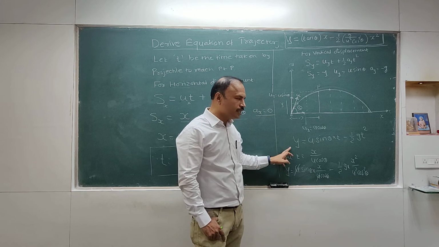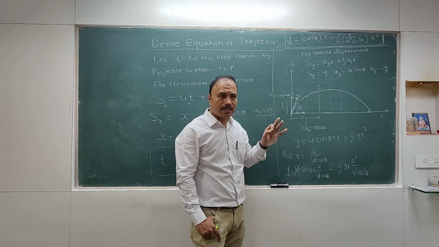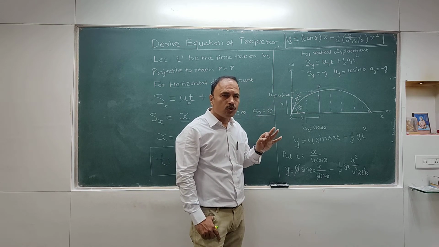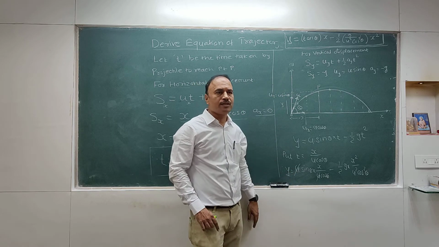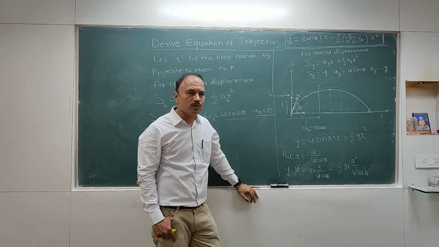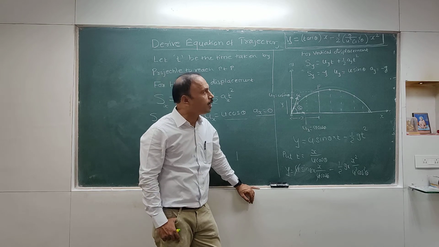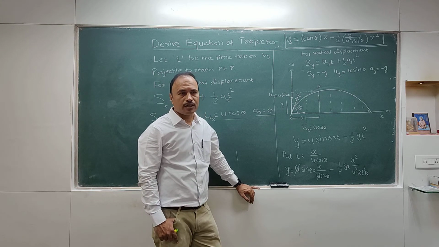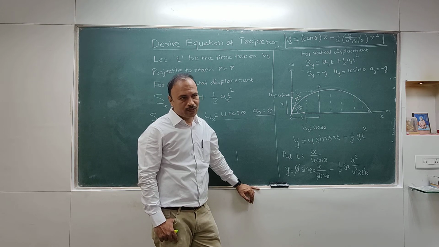Substituting, we get this equation, and don't forget to replace t as x by u cos theta. On simplifying we get y equals tan theta x minus half g by u square cos square theta into x square.